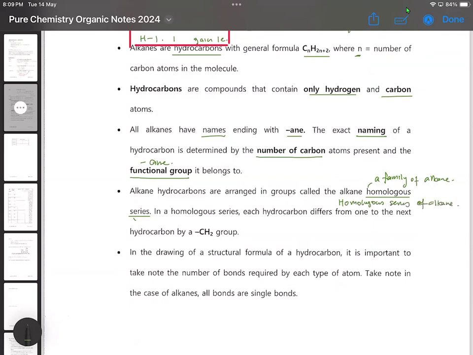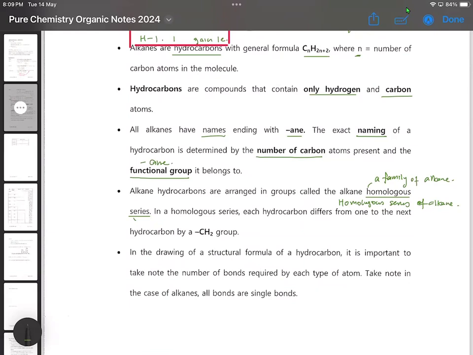It applies to other organic compounds also. We can call it the homologous series of alkenes, of alcohols, of acids. It doesn't matter. The idea is that it is just a name for a group of organic compounds. So when you see the term homologous series, it's just a collective noun for organic compounds.